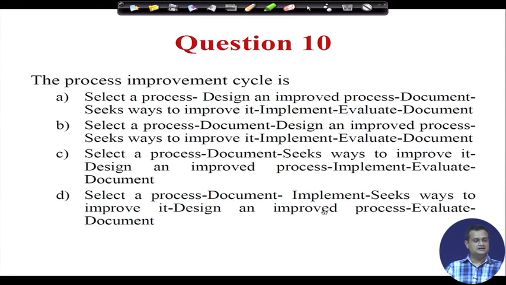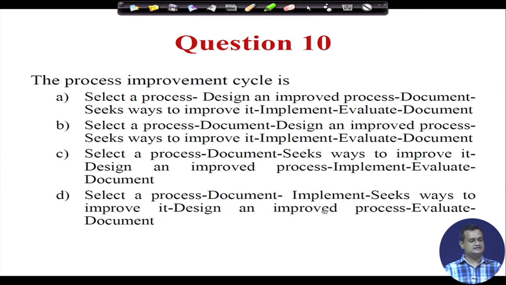Question 10, the process improvement cycle is, you have various options, you can see it on the screen. A, select a process, design and improve process, document, seek way to improve it, implement, evaluate and document. B, select a process, document, design and improvement process, seek way to improve it, implement, evaluate and document.